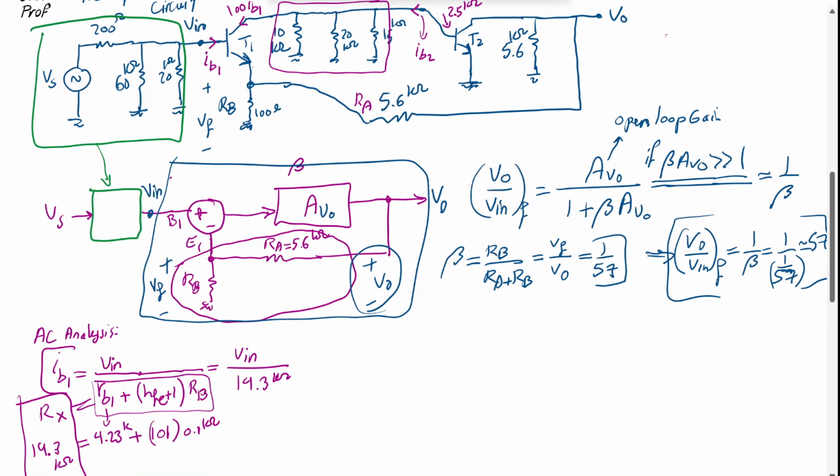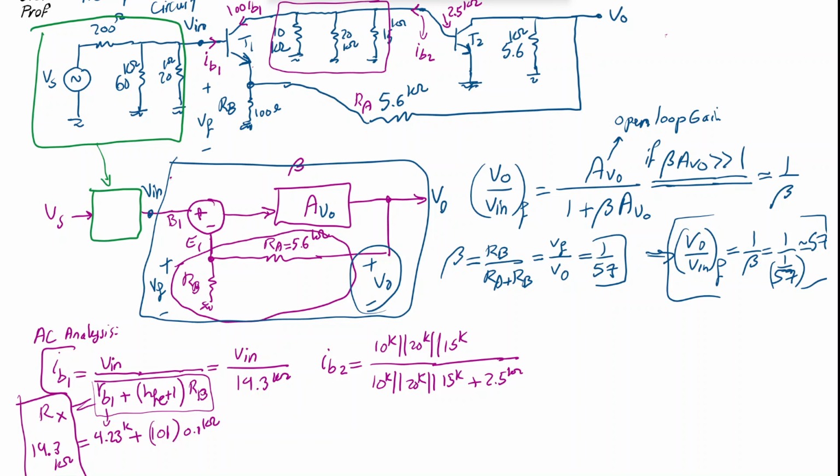So then what I can say is, IB2, the base current of transistor 2, is the 10K in parallel with 20K in parallel with 15K, so that's the parallel of these three resistors, divided by 10K, 20K, 15K, plus the HIE2, which is 2.5K.